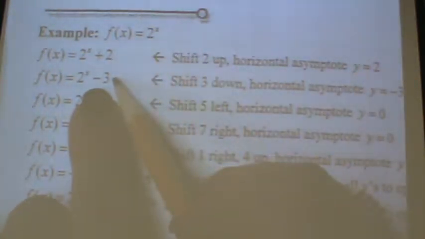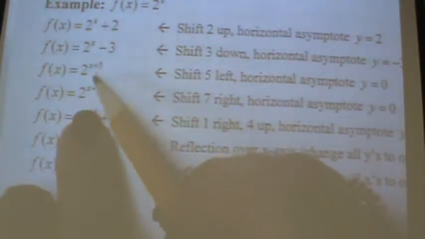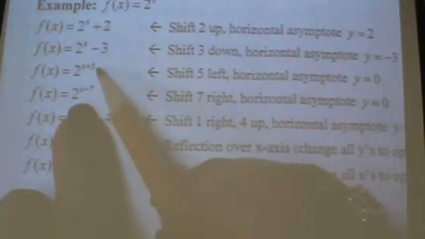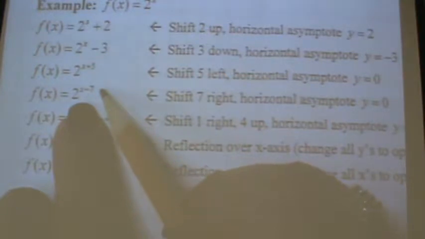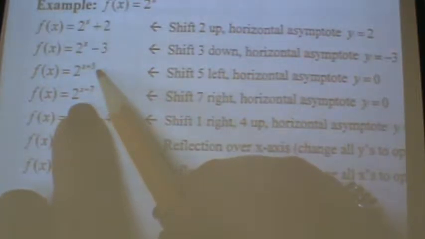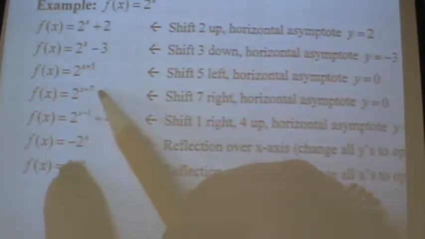Up 2 units, down 3 units. You remember this? What about if you have a number with the x value? This shifts it left or right, the opposite. Remember that? So this one would be left 5 units, this one would be right 7 units.